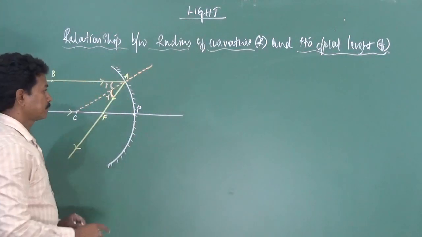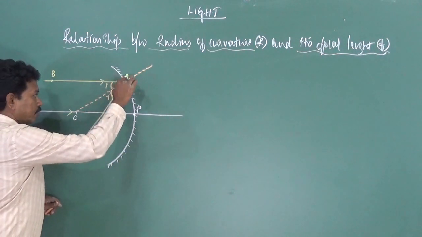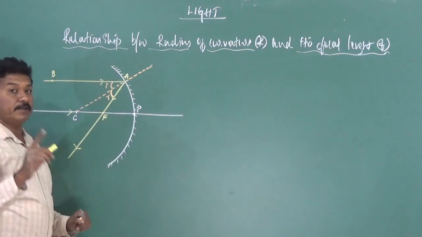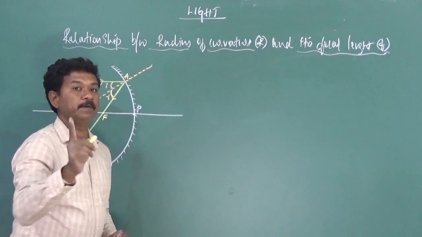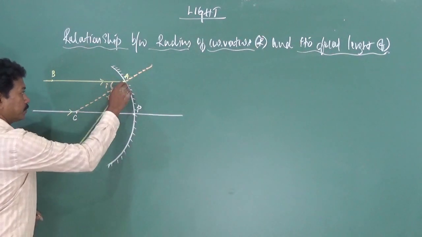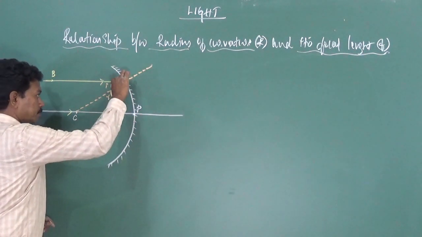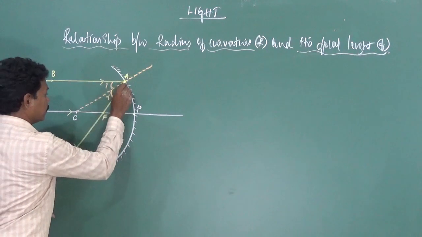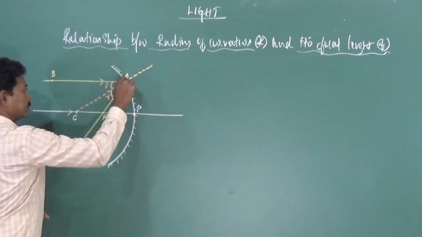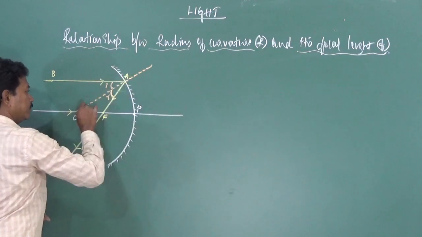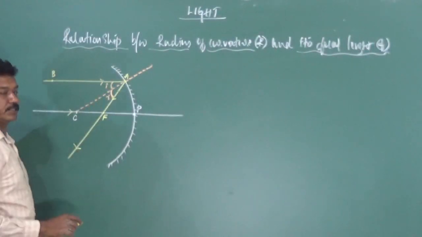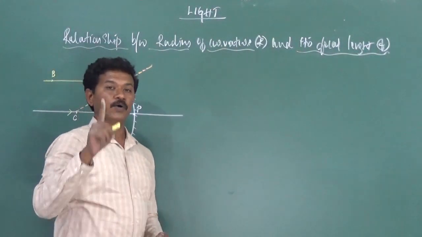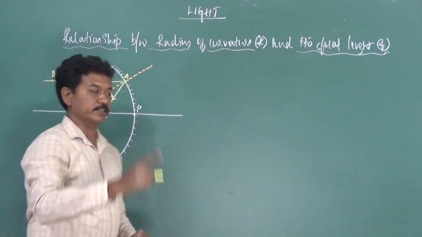Remember this: every point on a spherical mirror acts like a plane mirror. So this point is a small plane mirror. When the incident light ray falls on it, it gets reflected. When you draw the normal, perpendicular to this plane, the angle of incidence will be equal to the angle of reflection. Hence mirrors obey laws of reflection.